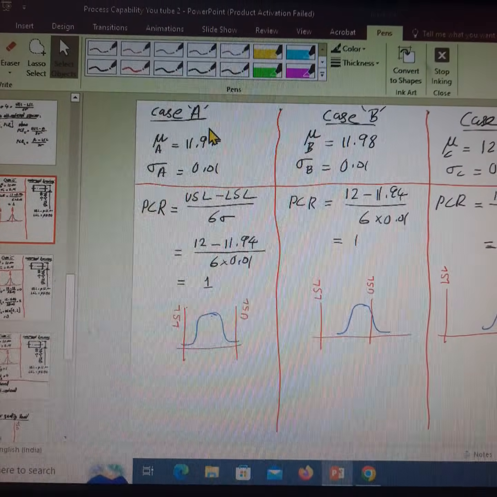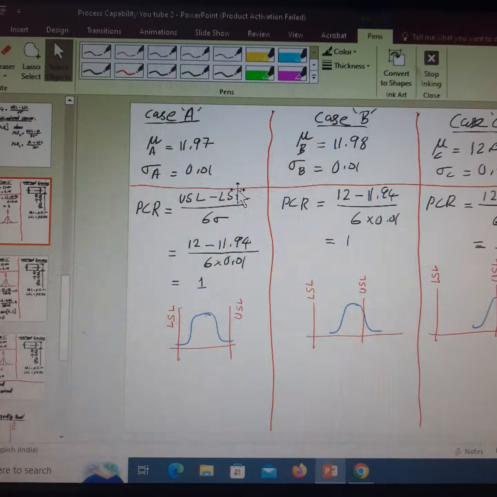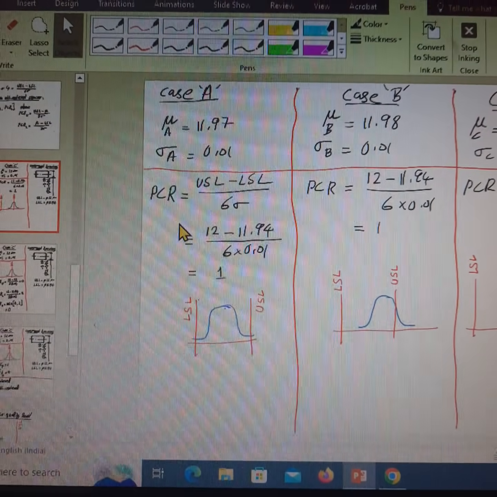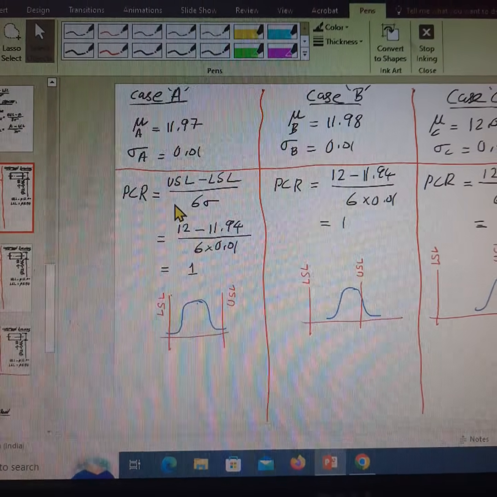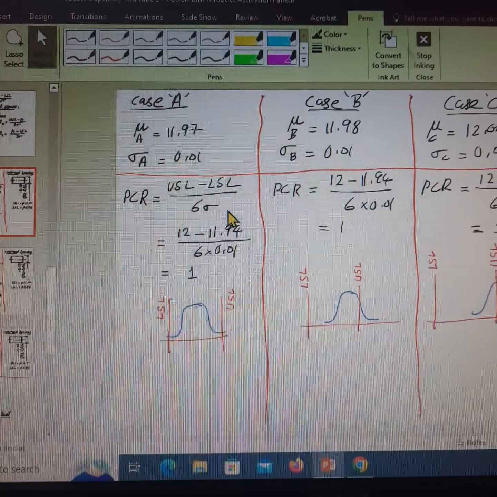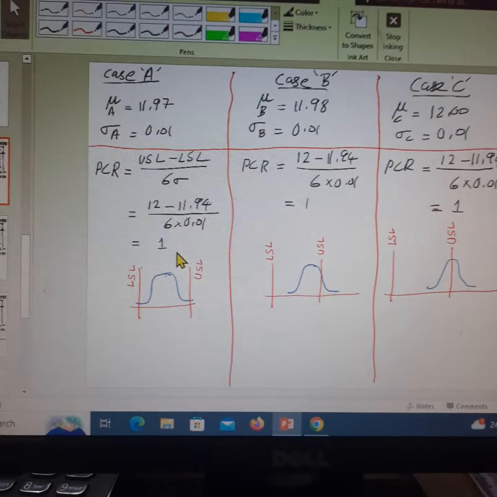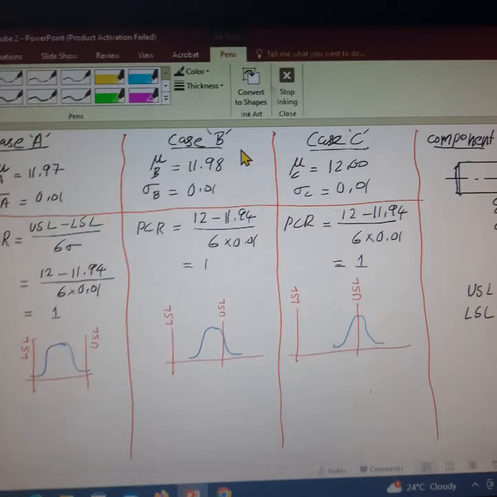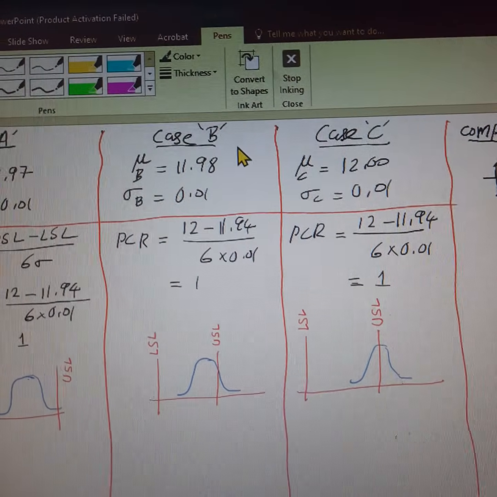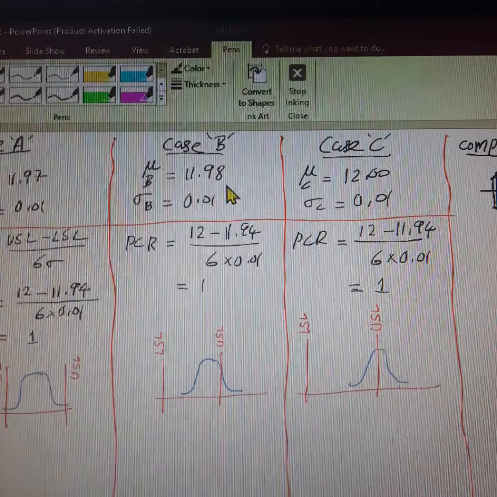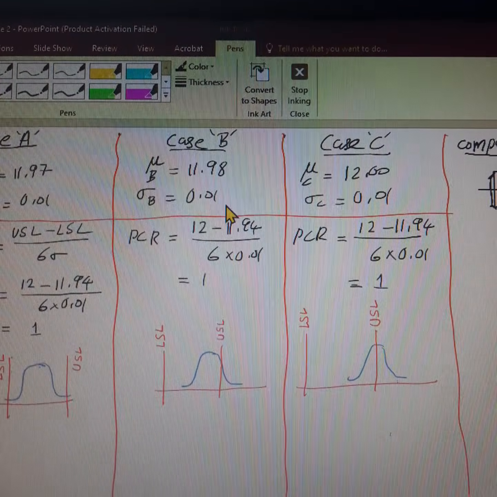So this is case A. From this, the PCR value is found as USL minus LSL by 6 sigma, which is equal to 1. In case B, the process capability study gives a result of a mean of 11.98, a standard deviation of 0.01.